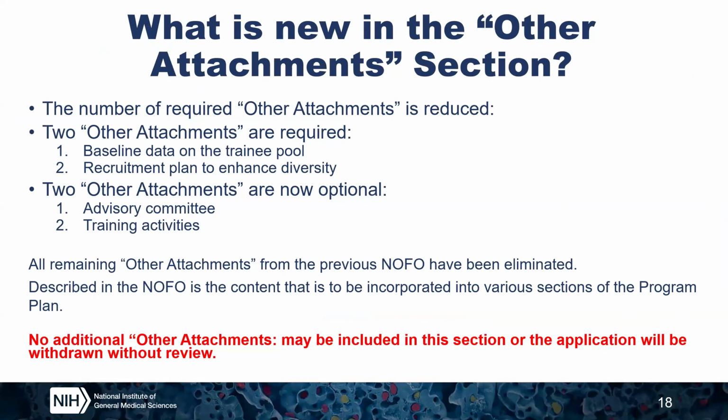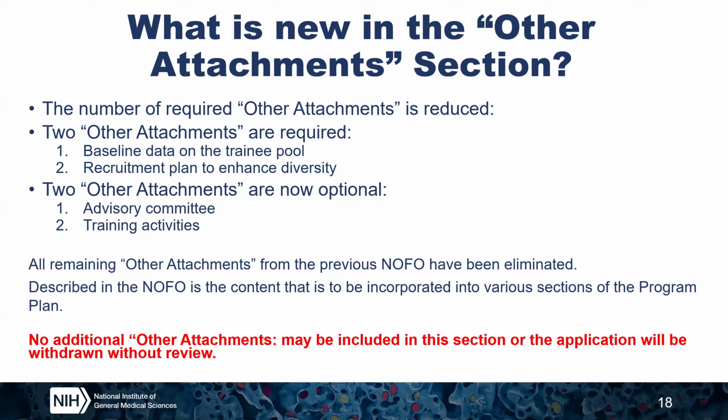The number of required other attachments is reduced. 2 other attachments are required. That is the baseline data on the trainee pool and the recruitment plan to enhance diversity. 2 other attachments are now optional, and these are the advisory committee and training activities.